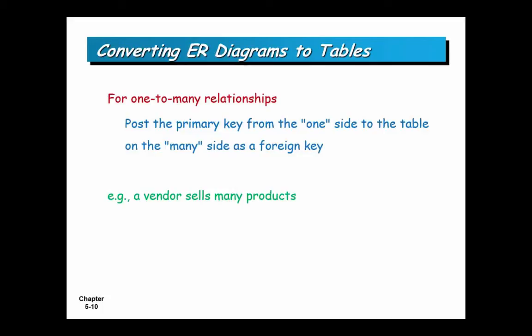customer and cash receipt, just like we were talking about. A customer can have many cash receipts, but a cash receipt can only be for one customer. If it's a one-to-many relationship, you post the primary key from the one side to the many side as a foreign key.